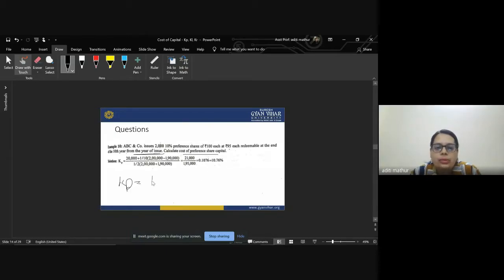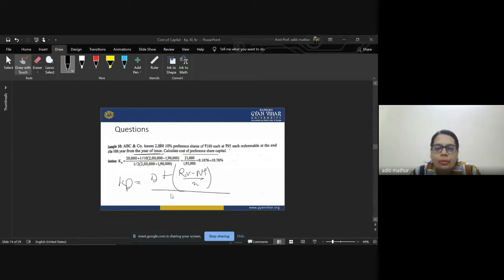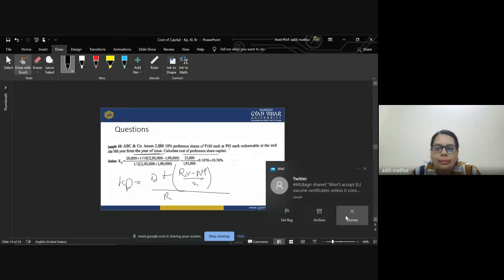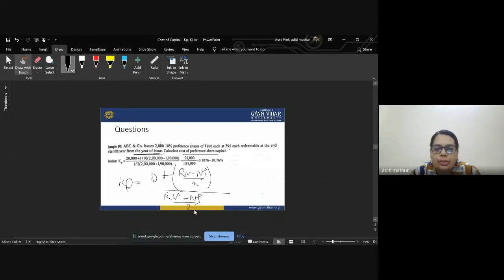KP is equal to dividend plus RV minus NP divided by N, whole divided by RV plus NP divided by 2.